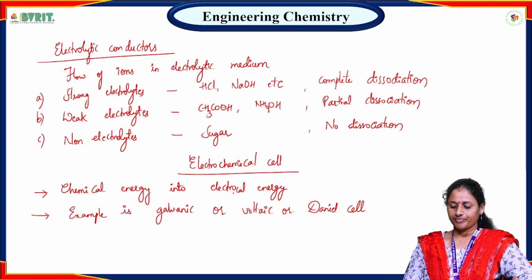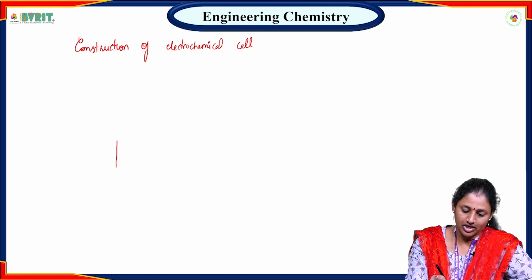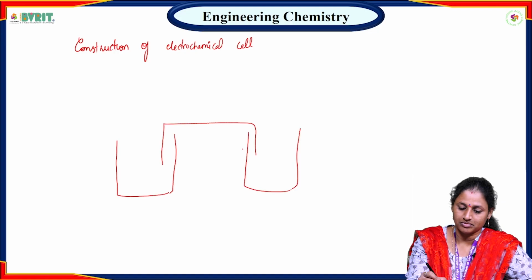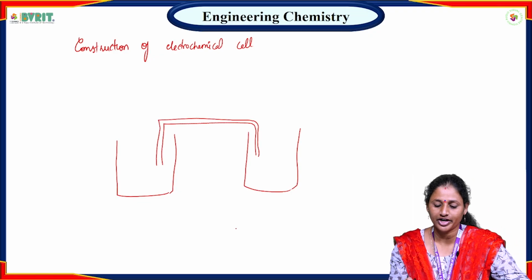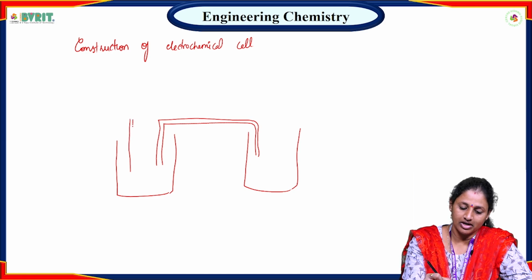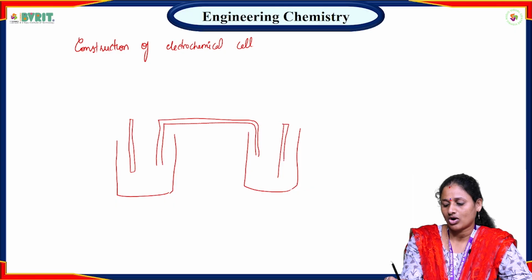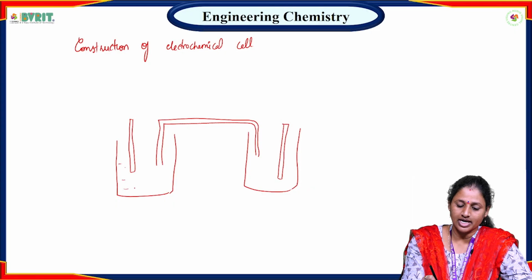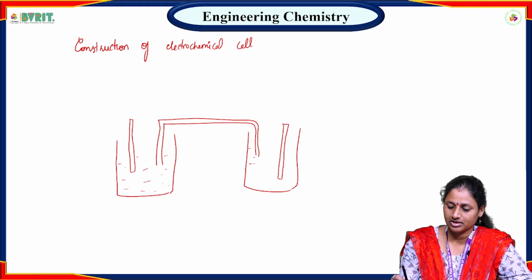Now let us see the construction of electrochemical cell. So we have two half cells. This is a salt bridge which maintains the electrical neutrality between two different half cells. So here we have Zn rod and here copper rod. And this is an electrolytic medium in both the half cells.